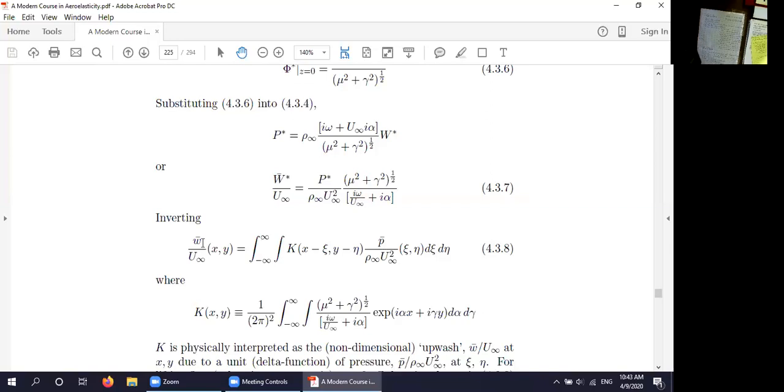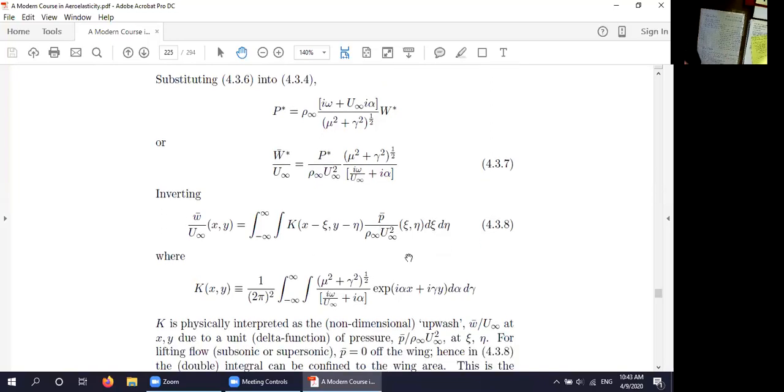And this usually goes under the name of the doublet lattice method. Don't ask me why it was called that, but it is. And so there are now computer codes available using the doublet lattice method, as well as other methods which solve this equation.